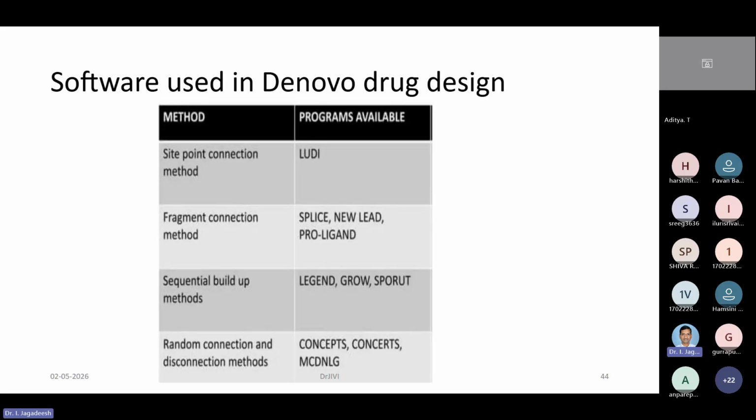So the softwares at present we are having as a list, and at the end of completion of 5 units, you will be able to know chemistry-based and biology-based softwares, and both together, and docking softwares. So many softwares are going to come into the picture, then slowly we can memorize.